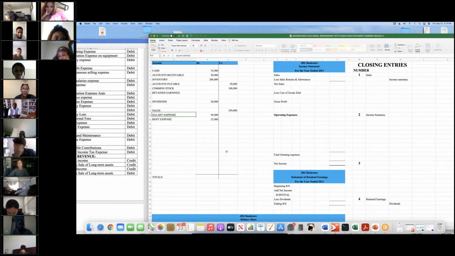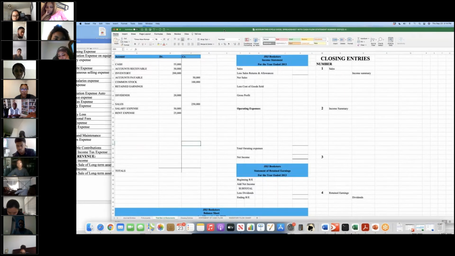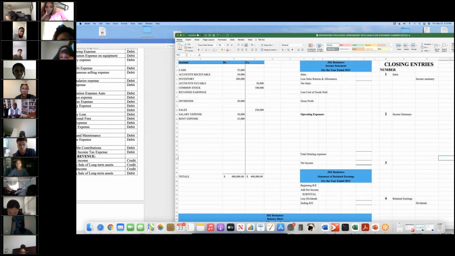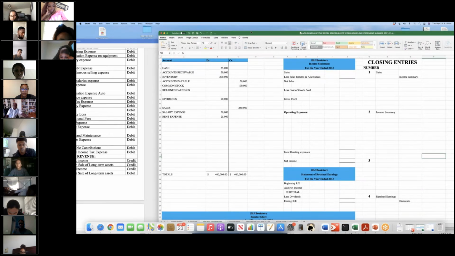Are we in balance? All we have to do is come down here. We can auto sum both of them together. And it looks like we're in balance. Any questions?